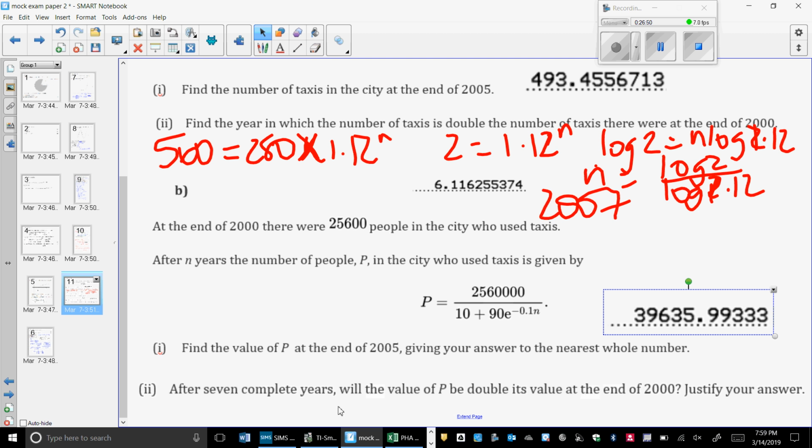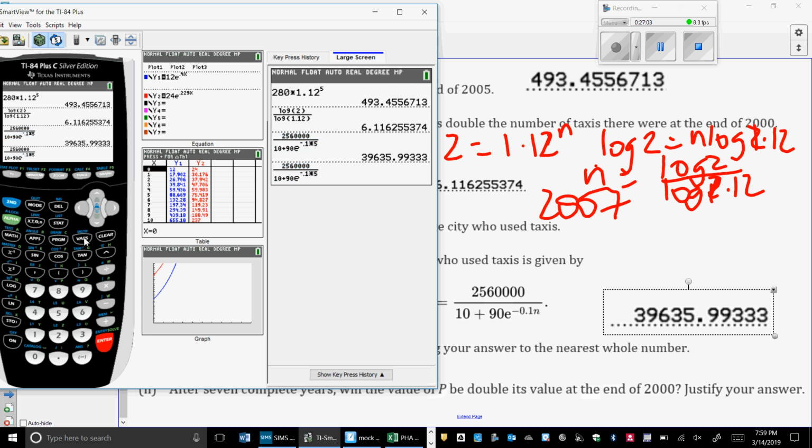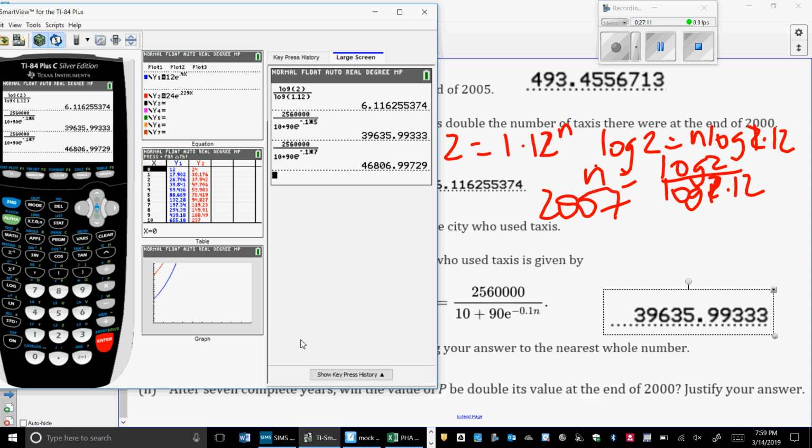After 7 years, will the value be double? So you need to stick 7 into here. Okay.